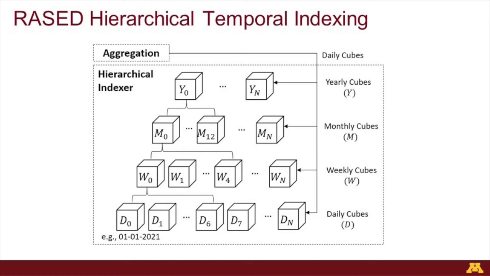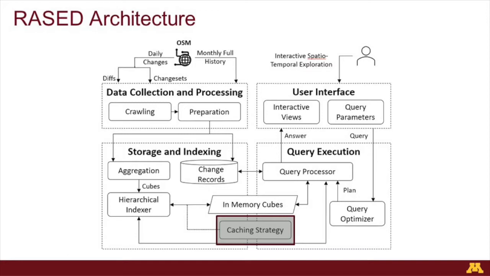It could be as small as a single day or as big as tens of years, and for the whole world. Note that all cubes from all levels have the same number of dimensions and the same size. However, each cube covers a different period. With this large number of cubes at all levels, RASED employs a caching strategy to preload part of these cubes into memory to make queries more interactive.